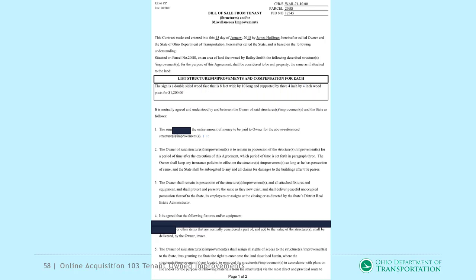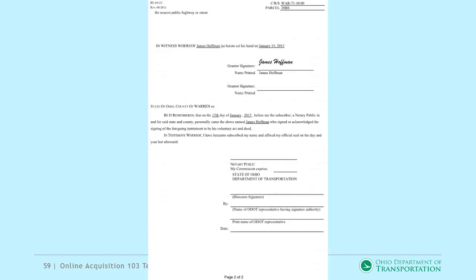So the sign is a double wooden face sign at 8 feet wide, 10 feet long, supported by 4-inch by 4-inch posts. It also identifies the dollar amount, which is $1,200, and then of course gives another description in item 4 of the fixture that is going to be impacted by the project. The signature of Mr. Hoffman is required.